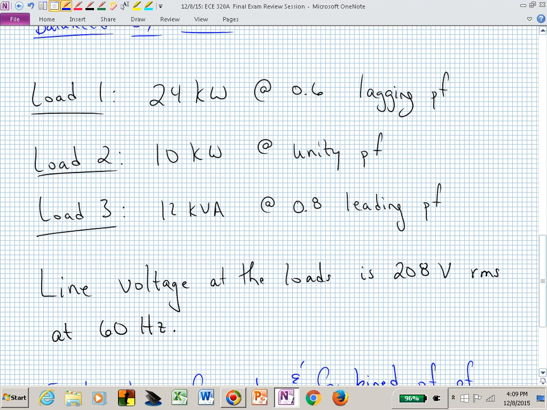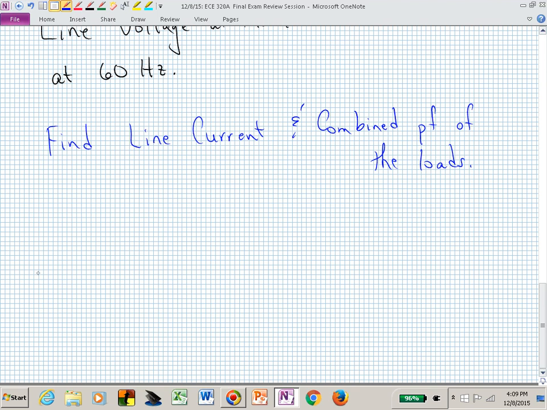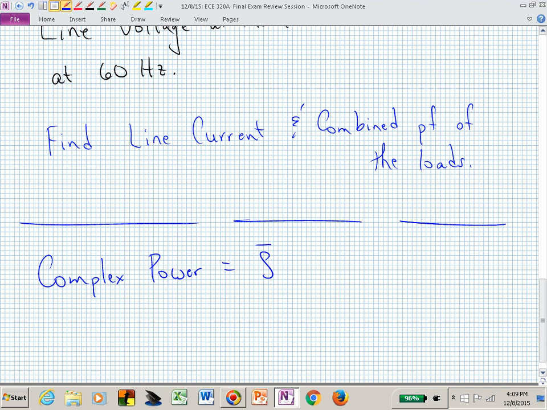Complex power, in general, if I just say something like complex power, you should be thinking S, where S is a complex number or a complex quantity, which could be a real part and a reactive part.